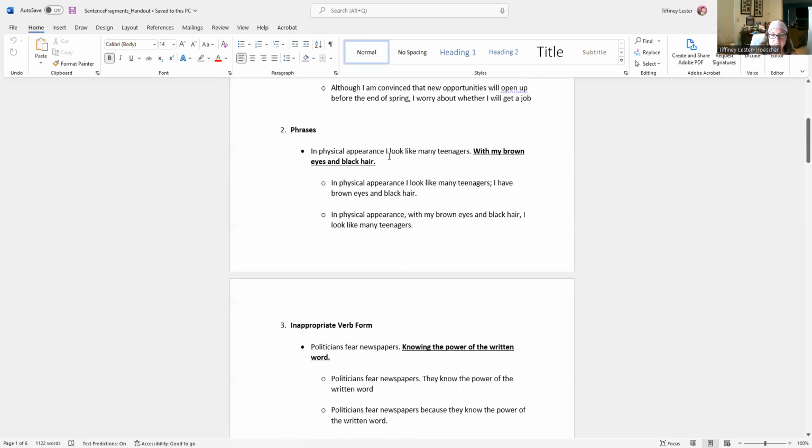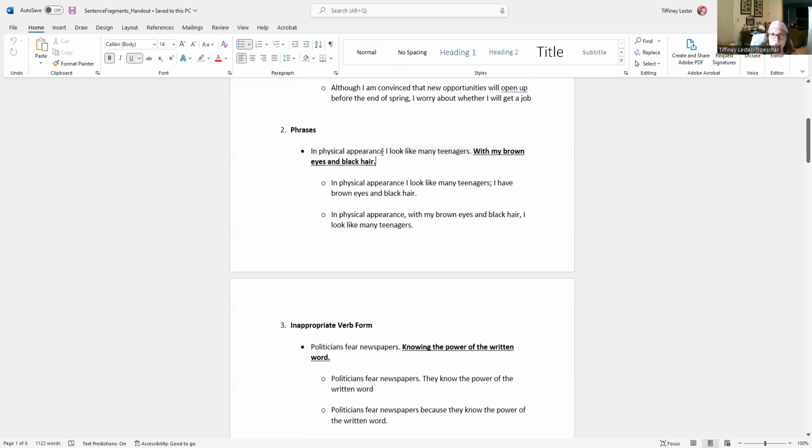In physical appearance, I look like many teenagers with my brown eyes and black hair. With my brown eyes and black hair. That doesn't have a subject or a verb. And it's just sort of an extra phrase that we tacked on after this initial sentence.